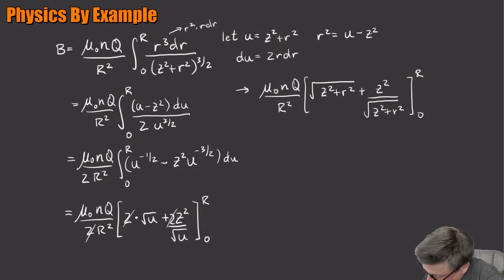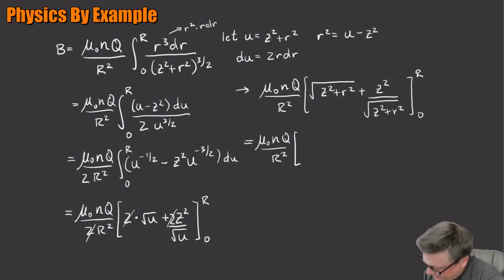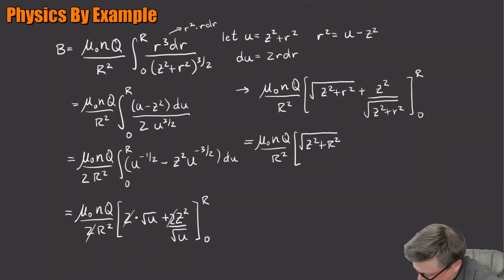All right, so let's do it. Mu naught n q. We keep dragging this thing around over r squared. When I put in a big R, I'm going to have square root of z squared plus r squared plus z squared over z squared plus r squared.